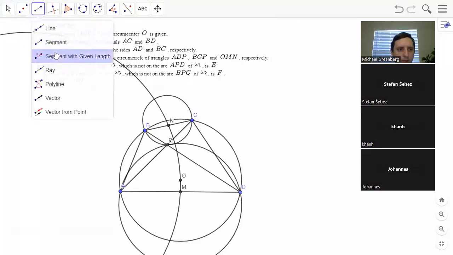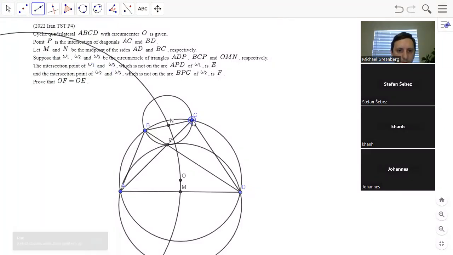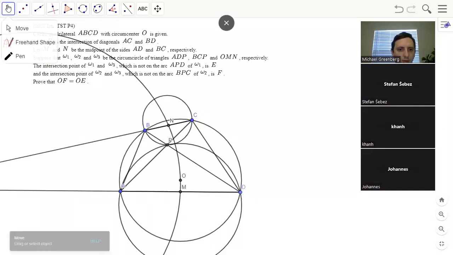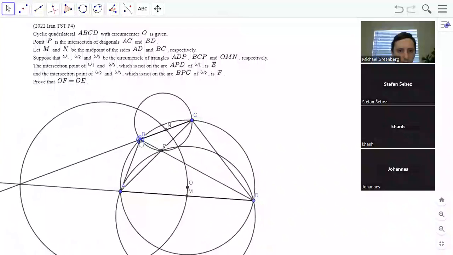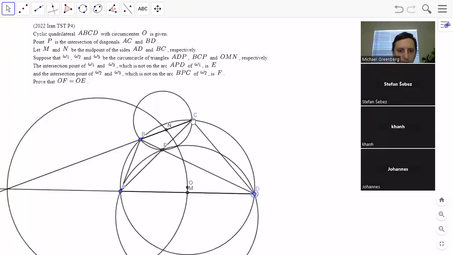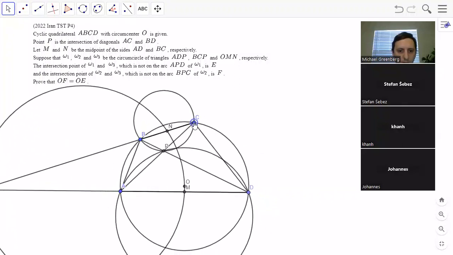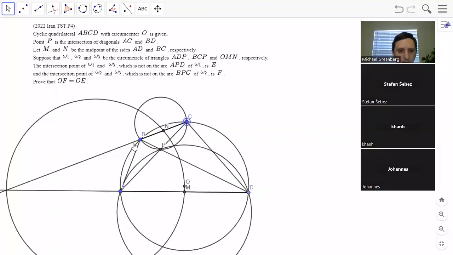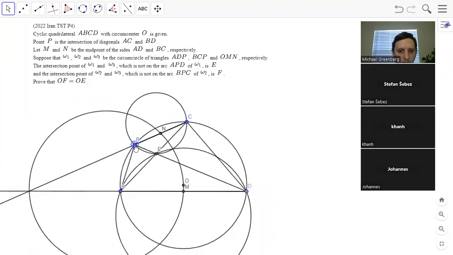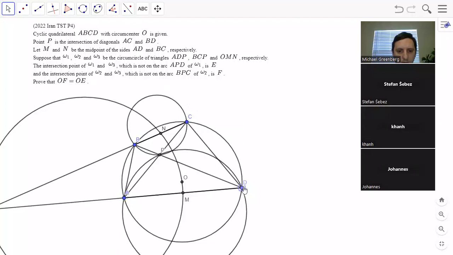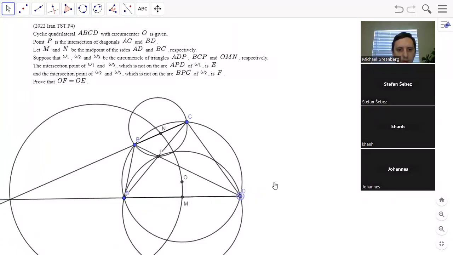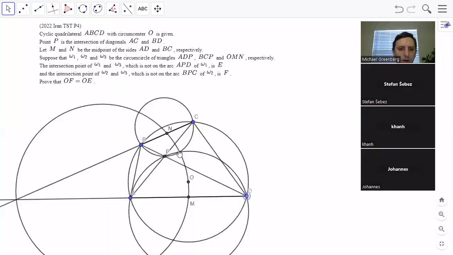So let me first draw that in so we have it in the diagram. We have this and this, and they should intersect on that circle because we have 2 right angles through O. I want to make O and M farther apart. That looks good. Okay, and it looks like these concur.